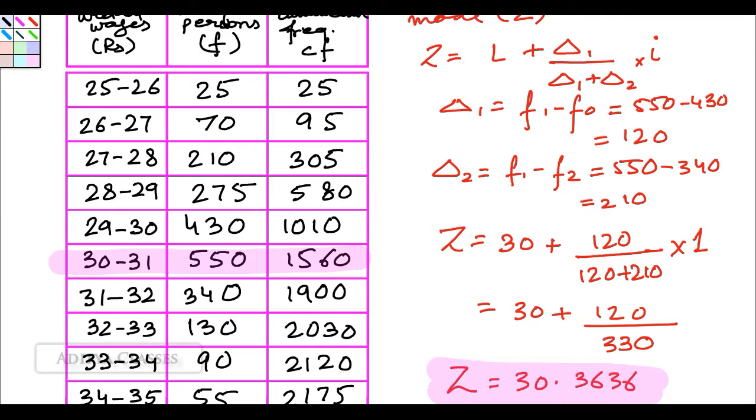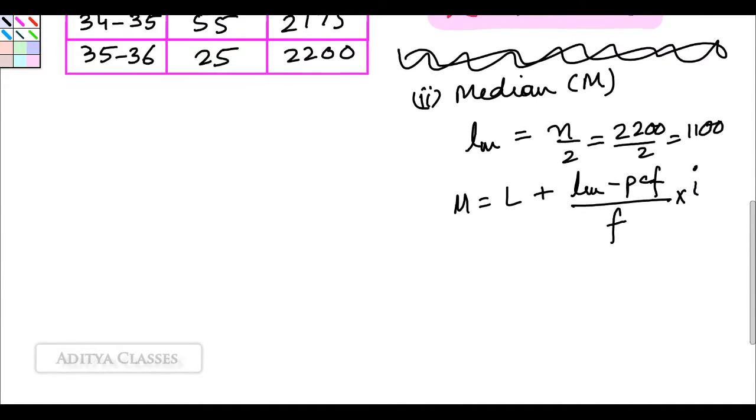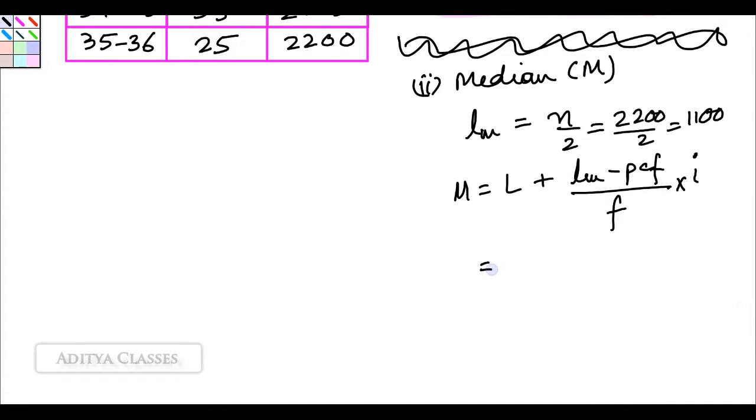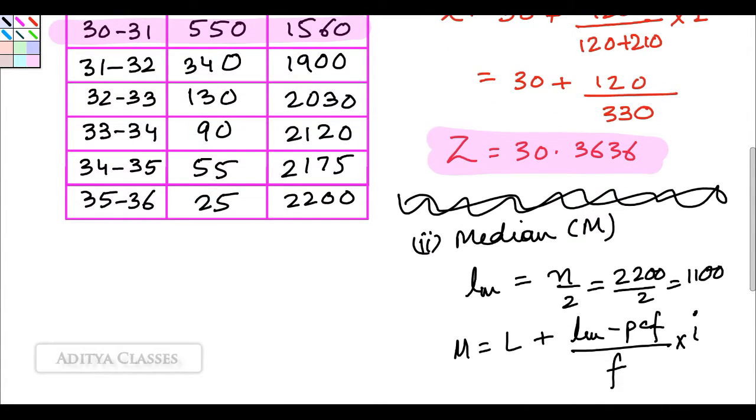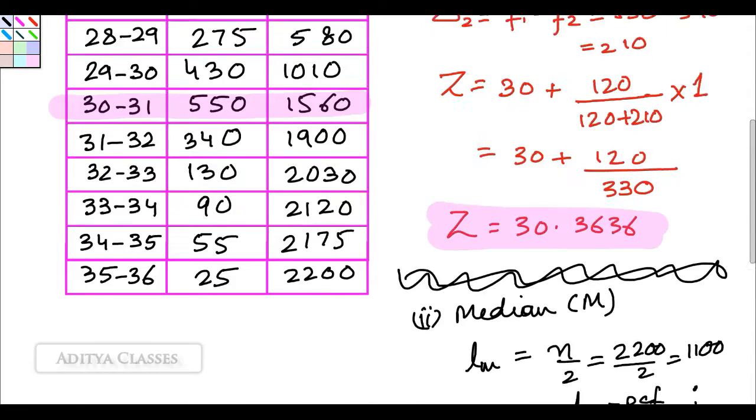Now we'll make use of the formula for median, which is M is equal to L plus (N by 2 minus preceding CF) upon frequency of median class, multiplied by interval of median class. What is the lower limit of our median class? 30. Location of median 1100 we just found out, minus preceding CF.